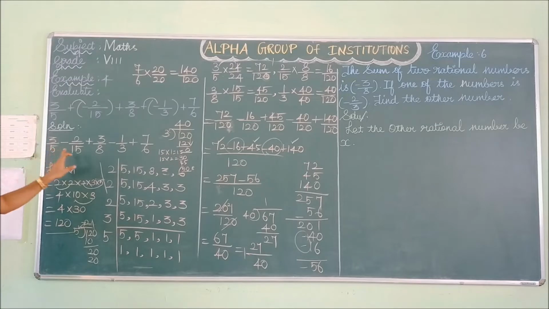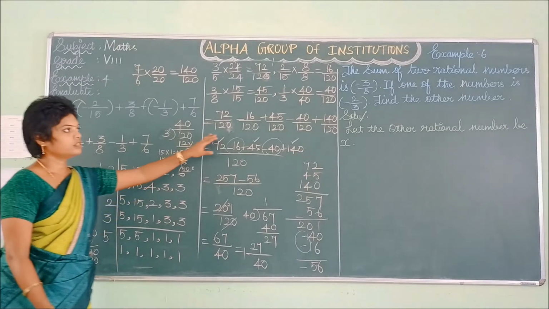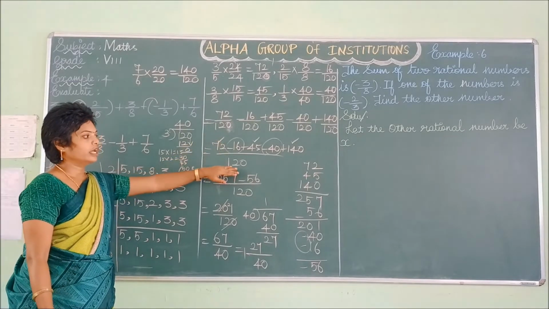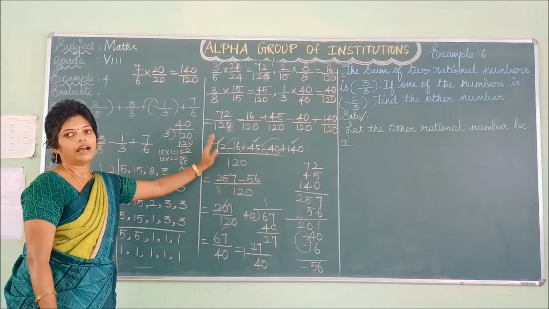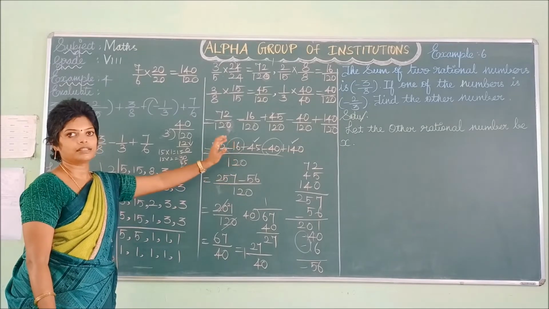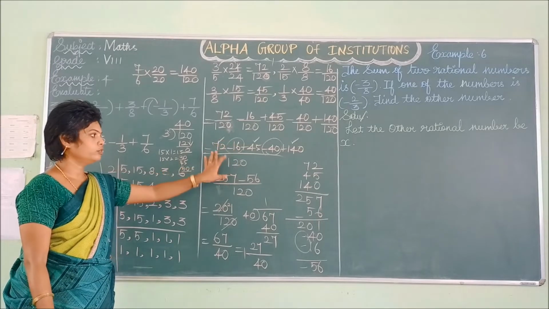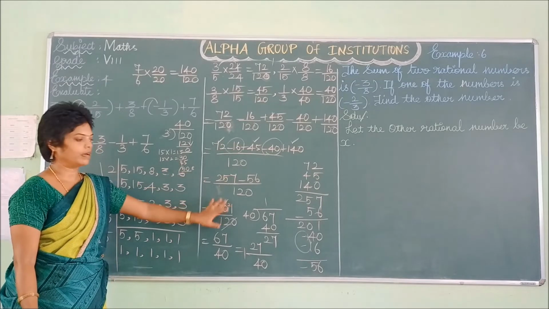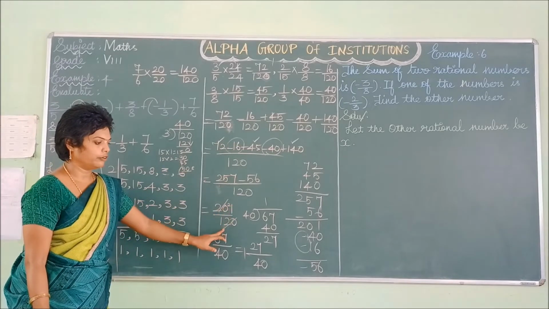And check whether the denominators are the same or not. Here the denominators are different. How to take the LCM? If I take the LCM, the LCM value is 120. So you have to change these fractions into equivalent fractions. So this is the equivalent fraction. You can take the denominator as common, add the terms and subtract the terms, and you can get 201 divided by 120.